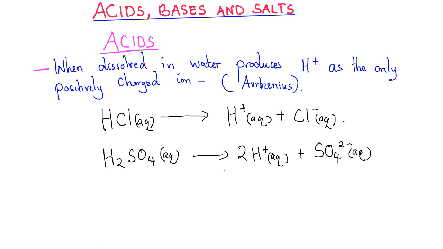Again, we have 2 ions produced from that given dilute acid, that is, hydrogen and sulfate, of which hydrogen ion is the only positive ion, meaning sulfuric(VI) acid is an Arrhenius acid.